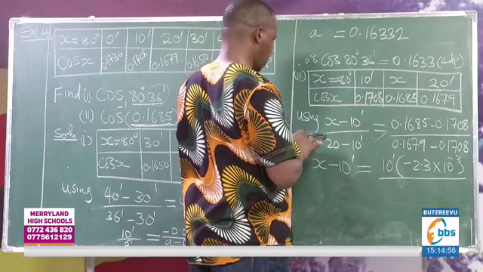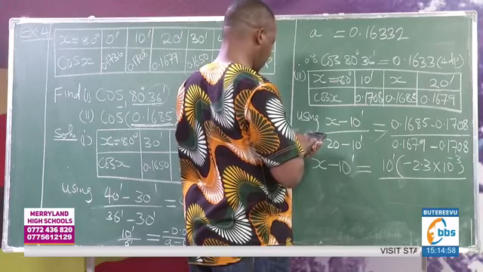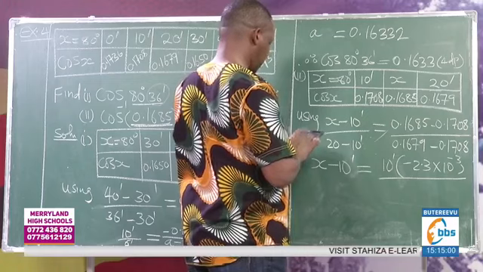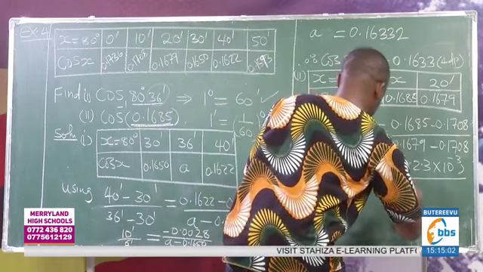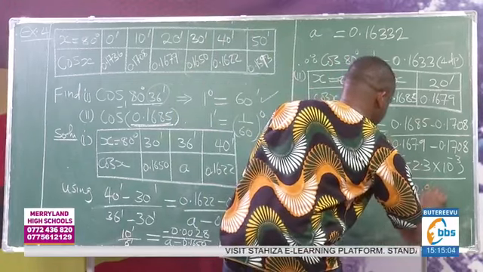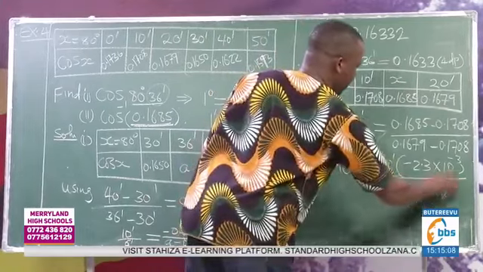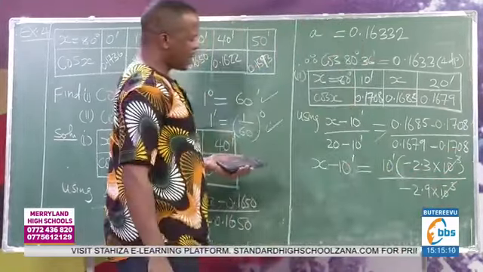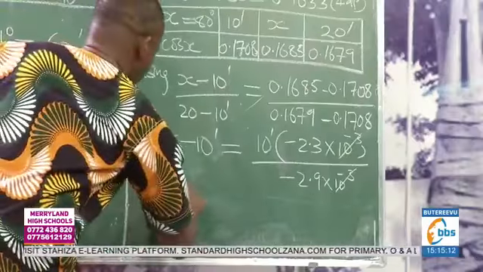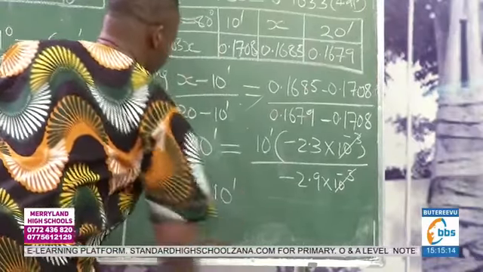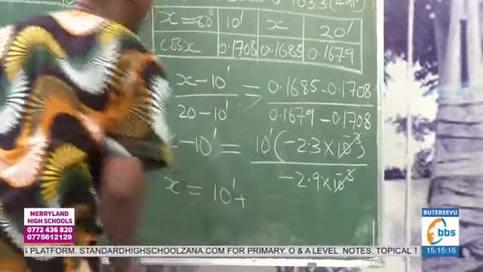We take away 0.1708. This gives us, again, negative 2.9. Now, this will definitely cancel out. And when we finally get the value of x, it will be 10 minutes plus.